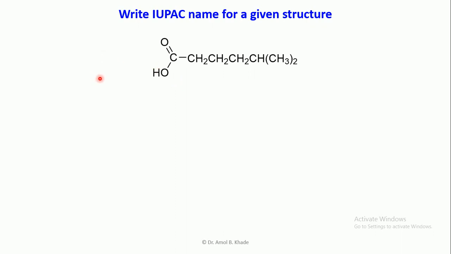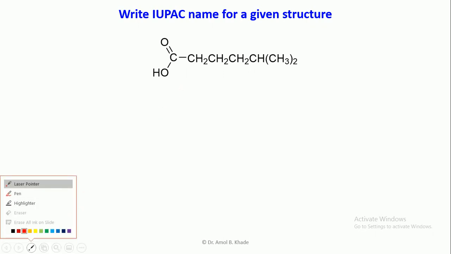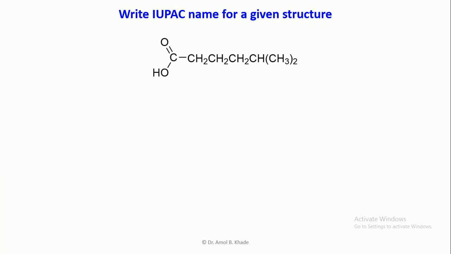Now with the rules we have studied, let's name this particular structure. The rule says we have to start the numbering from the carbon atom of the carboxylic acid. So this is the carbon of the carboxylic acid, so this will be 1, 2, 3, 4, 5, 6.